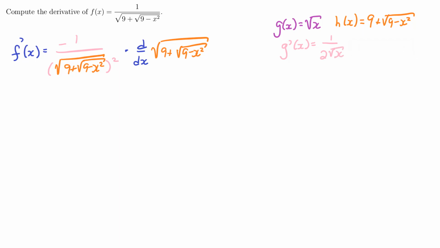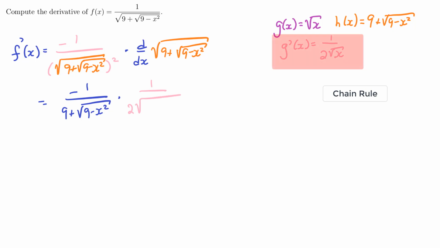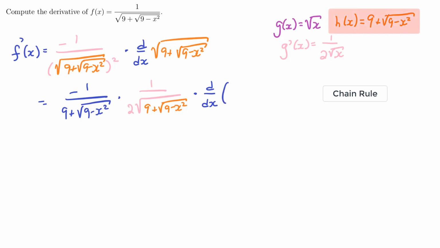So returning to our problem, we now have f prime of x is equal to -1 over, now we can simplify the denominator to 9 plus square root 9 minus x squared, times the derivative of the outside function evaluated at the inside function, multiplied by the derivative of the inside function. Now let's simplify.